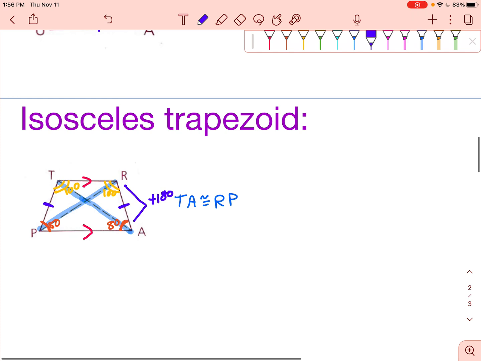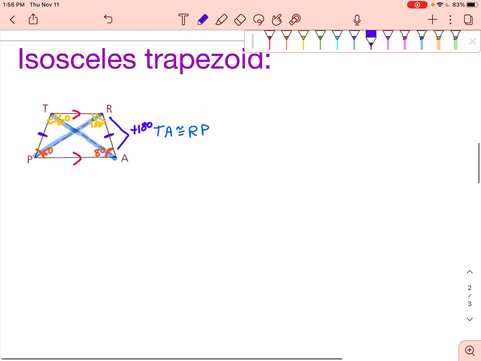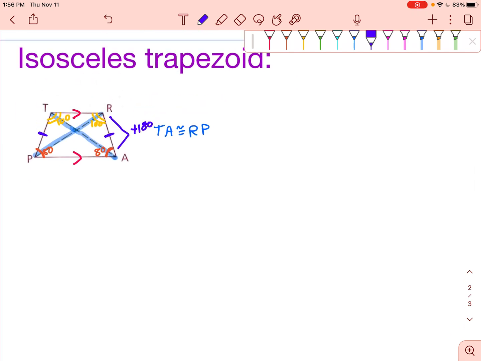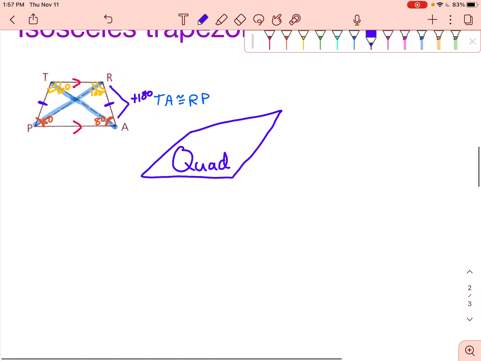A way for you guys to remember this, and I like to really think about what we call a family tree. We start off with the quadrilateral up here. So this is kind of my beginning shape, right? We have some sort of obscure quadrilateral. Branching down from the quadrilateral, we can have a parallelogram.